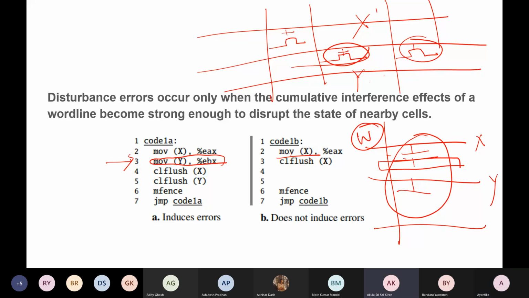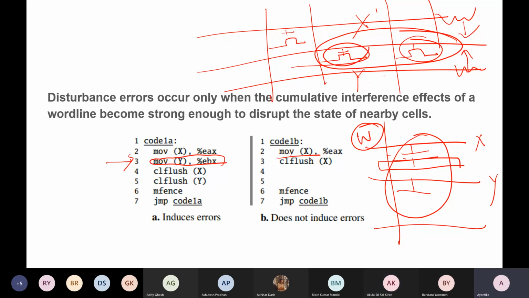Will there be an effect in row 4 and row 8? At least a little, because the toggle is here, which means it is propagating in this direction. So the changing effect is strong here.